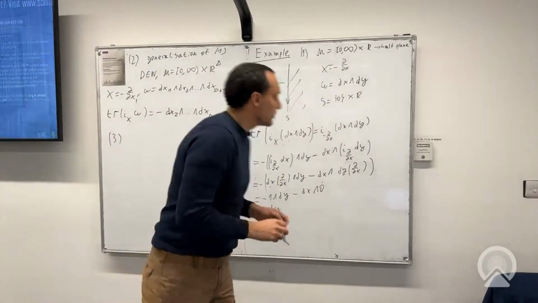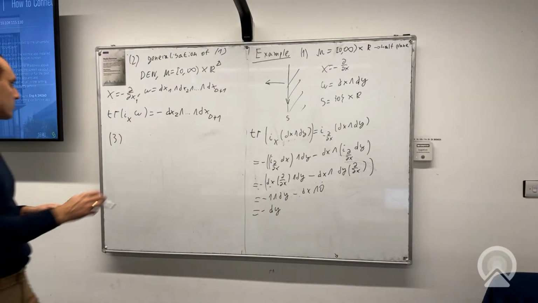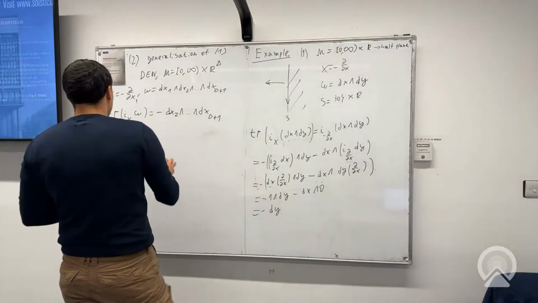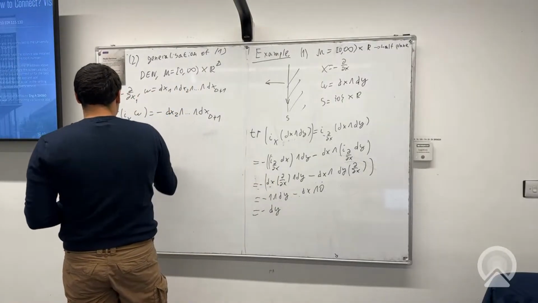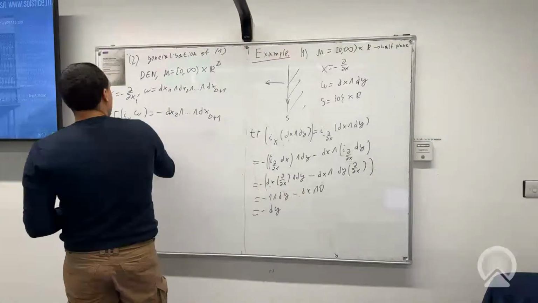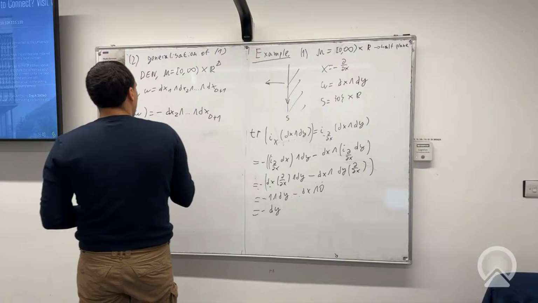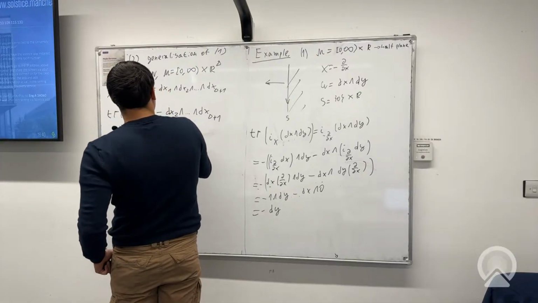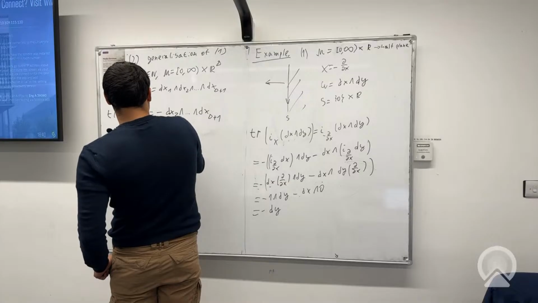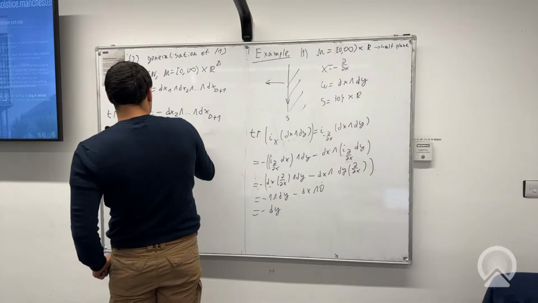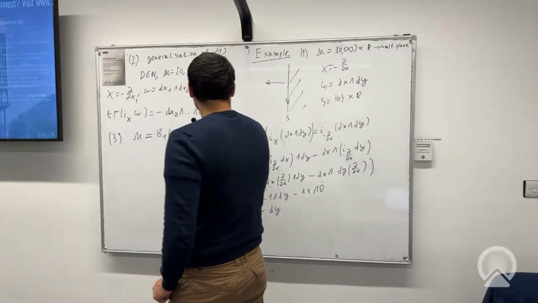Another example, why not, and then we go to the disk, and then we get a ball. So M equals B1, and S is S1.